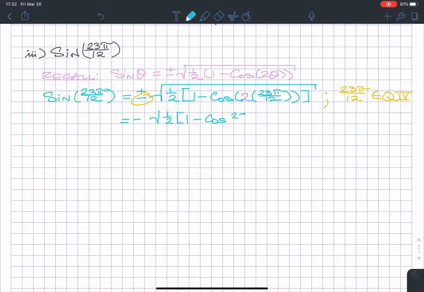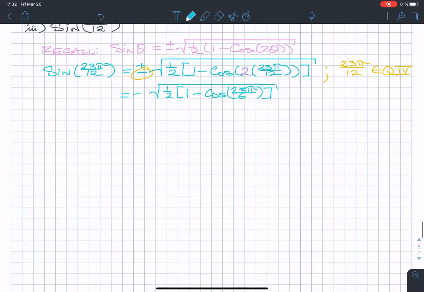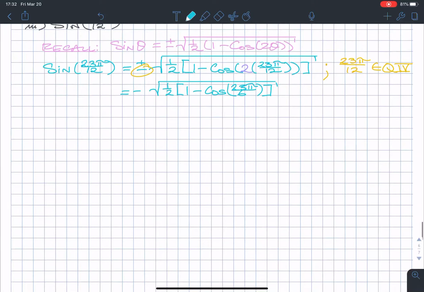to reduce to 23 pi over 6, because 12 over 2 over 12 rather. 23 pi over 6, that's not on the unit circle, because 6 goes into 23 3 times, 18, with 5 left over.